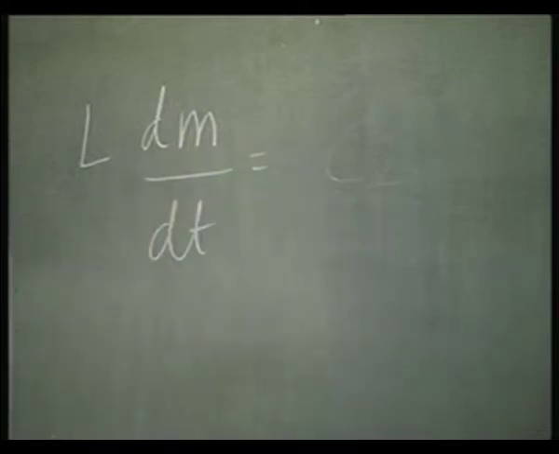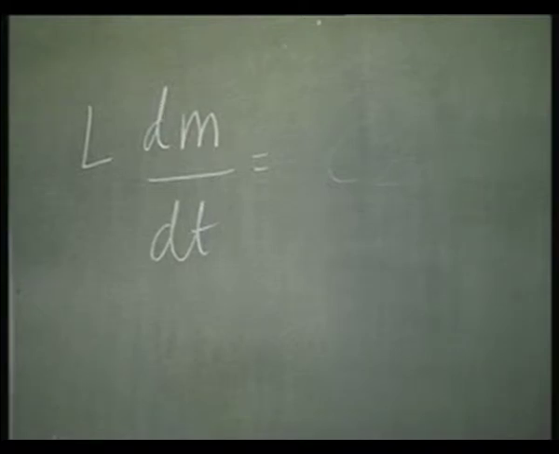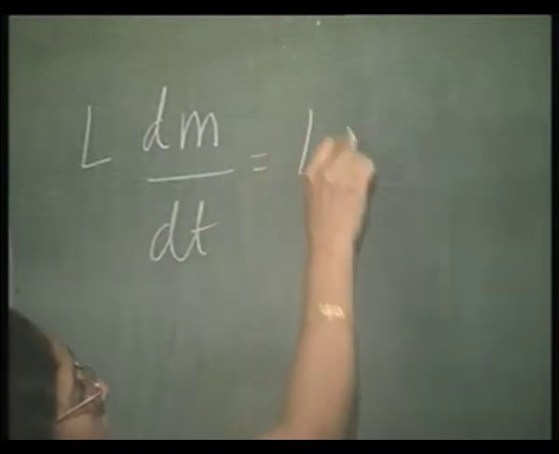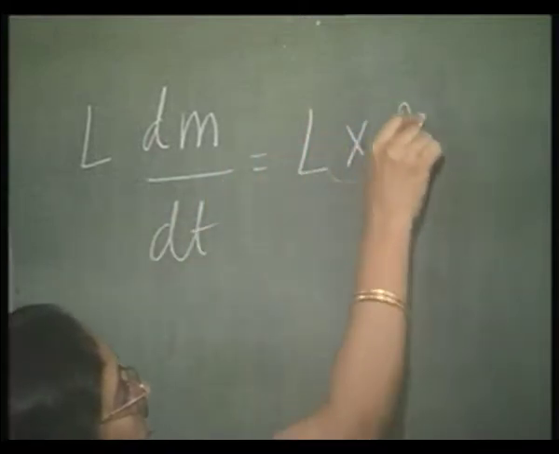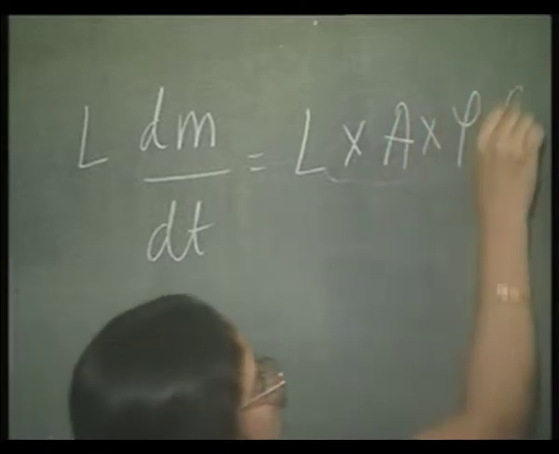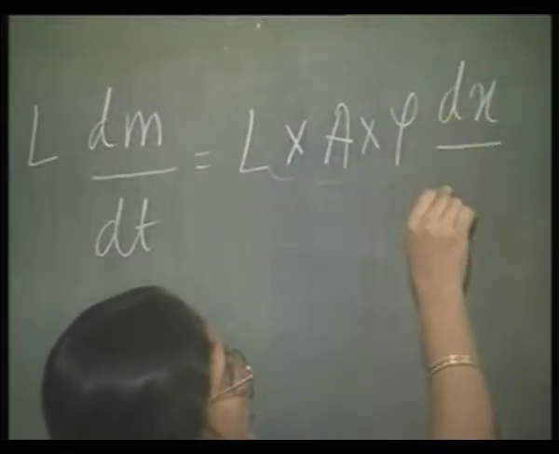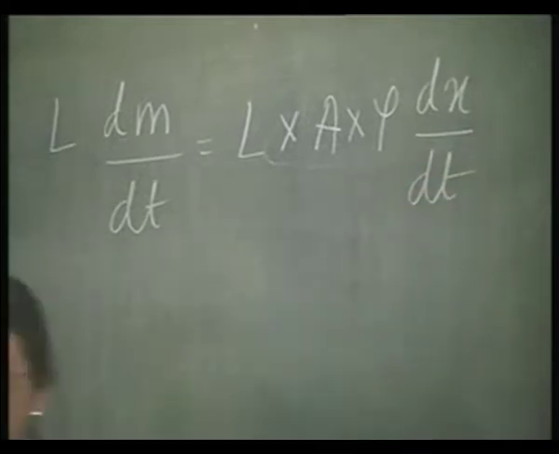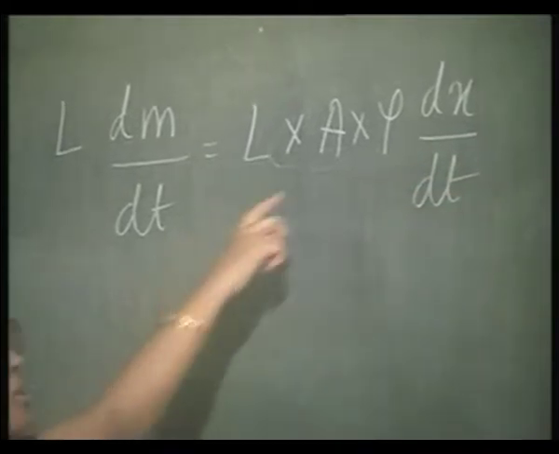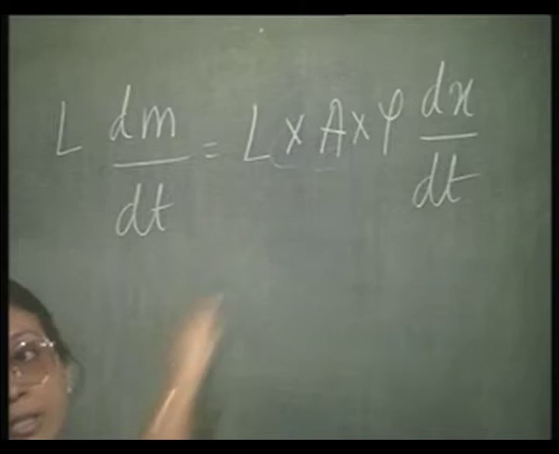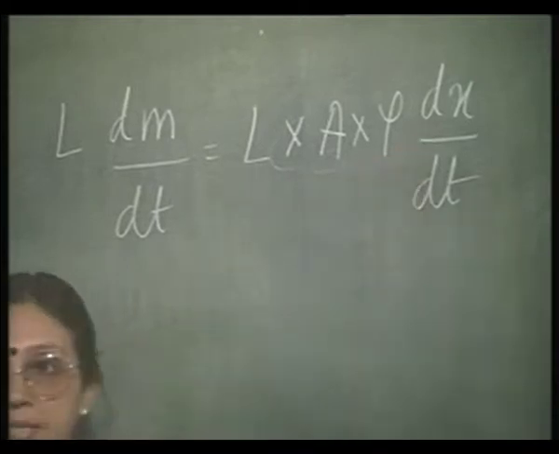L, I have already said, is the latent heat of solidification. dm/dt is the mass solidification rate. So, what is dm/dt really? I can write it as L times area into rho, that is the density, into dx/dt.